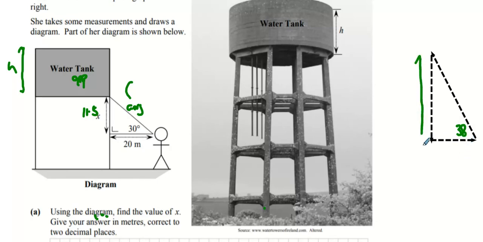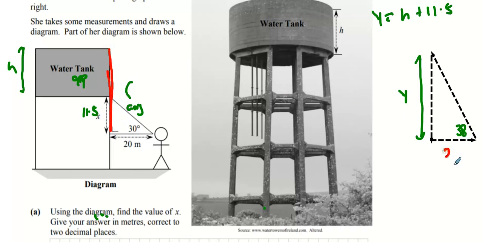We want to find the total height, so we'll call it y. Remember, y equals h plus 11.5, because you have your 11.5 here and your h. So we're basically trying to find the red distance, y.